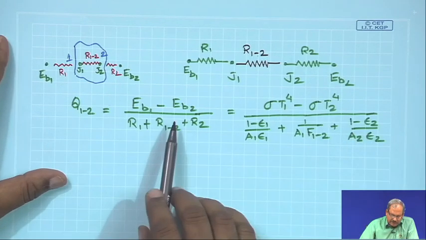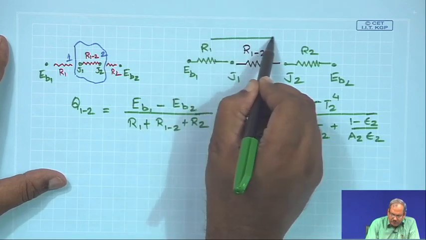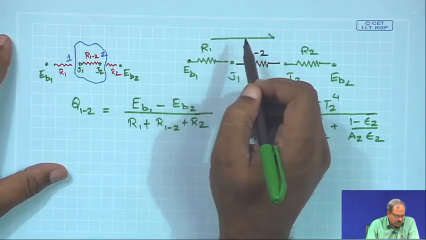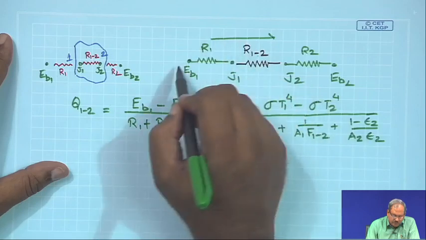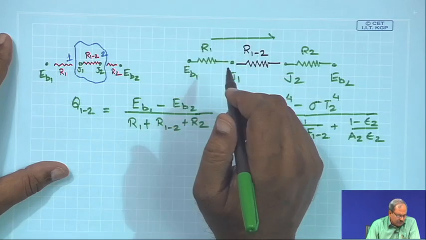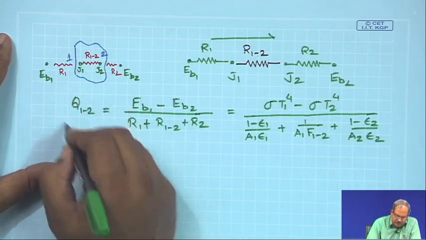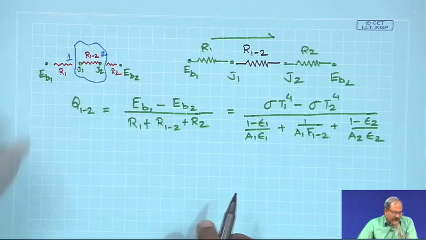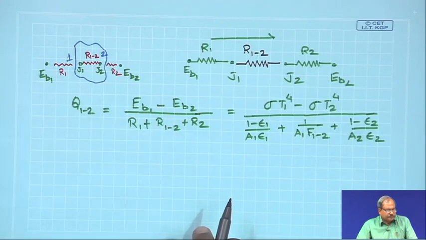So, this gives you the amount of heat which is to be supplied from Q1 to Q2.